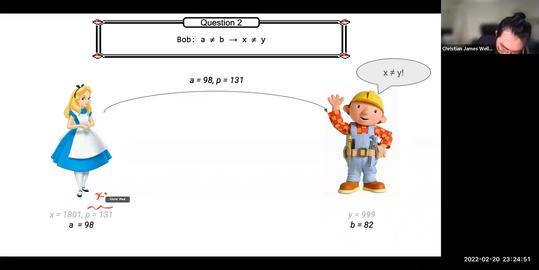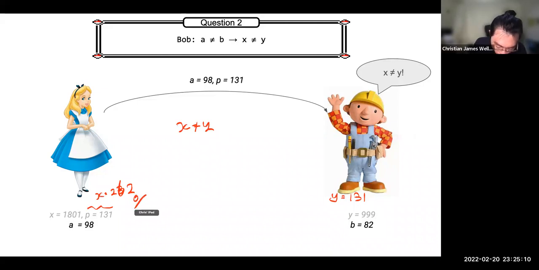A very easy example: X may be like 2, 3, 2, 6, 2, and Y could also be maybe 1, 3, 1. They are different numbers, so X is not equal to Y, right? But by using the mod, so mod 131, we get 0, and it will send A equals 0.